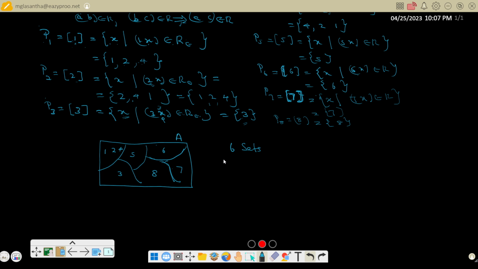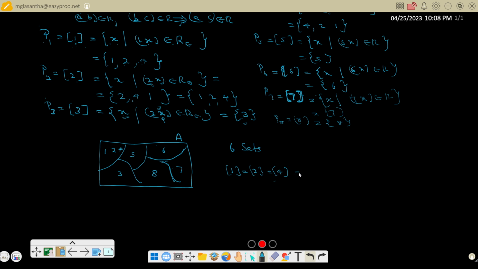Either equal or disjoint. If you take any two equivalence classes, for example, if you take 1 equals 2 equals 4, these three classes are equal, right? But other classes are unequal.